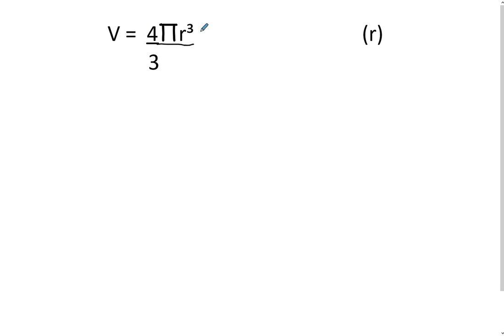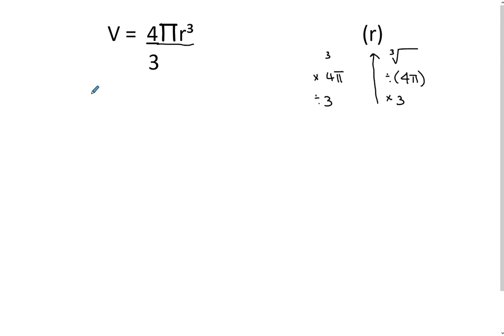So it just means multiplying everything by 4 and dividing it by 3. So again, what's been done to the r? It's been cubed, it's been multiplied by 4 pi and divided by 3. So this time we're going to multiply by 3, divide by, and make sure it's in brackets, 4 pi, because that's a number, and then cube root it.